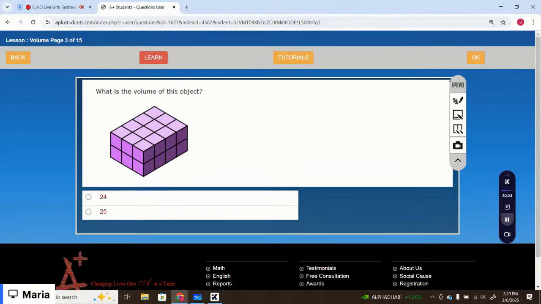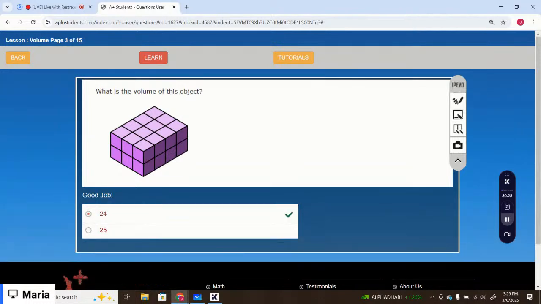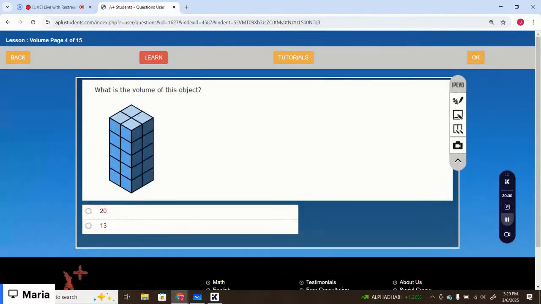Option number 1 is the correct option. What is the volume of this object?